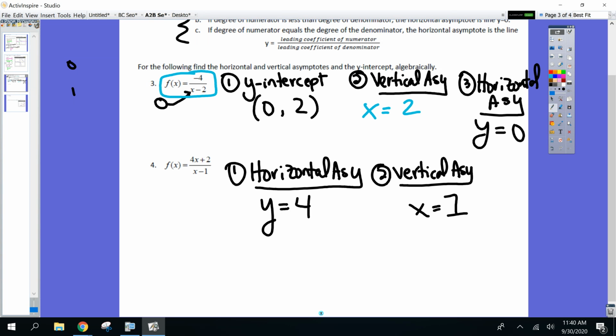Go ahead, Y-intercept. What are you going to plug in? 0 for x. Yep. Horizontal one's the only one that gets tricky because you got to remember 3 rules.